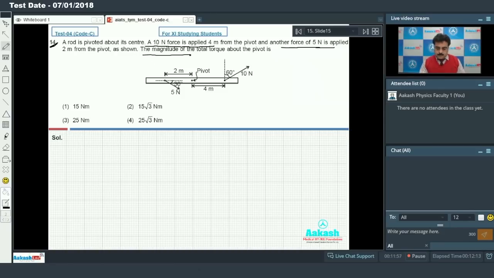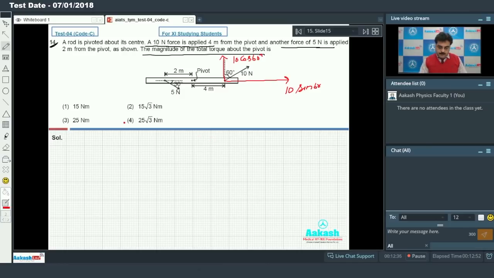This question is based on the application of the formula. So first I will make the free body diagram. If I resolve the components of these two forces in rectangular form, we'll see this is 10 sine 60, and the other component of this force is 10 cos 60.